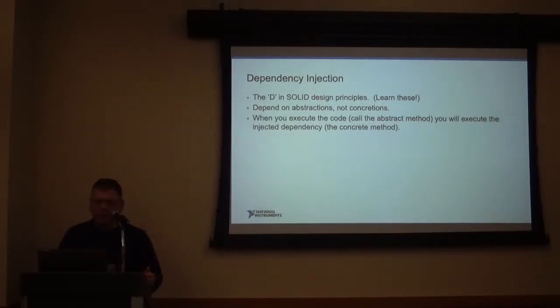So when you execute the code, you're calling that abstract method, you're actually executing that concrete method. And that's what this gives you. So you've built an entire system that's dependent upon this definition instead of this actual implementation. And the definition should never change, and the implementations can change. So Dave had that great example of changing the gauge. You've built code that depends on there being a gauge that gives you back a reading.